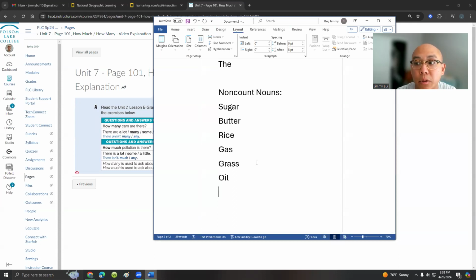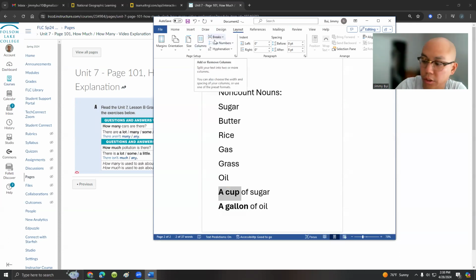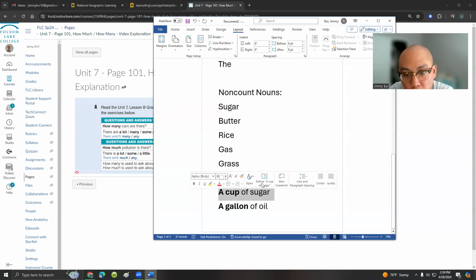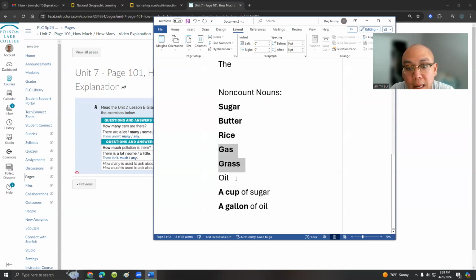So a tablespoon, a cup of sugar, a gallon of oil. This is how we can count, rather, how much to use is a unit of measurement. But of course, sugar and oil, butter and rice, these you cannot count. You can't say there's 10 oil, right?